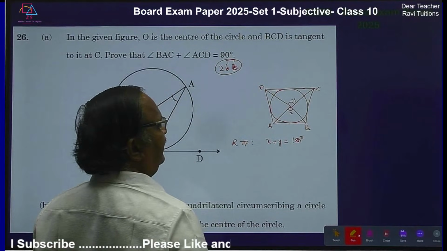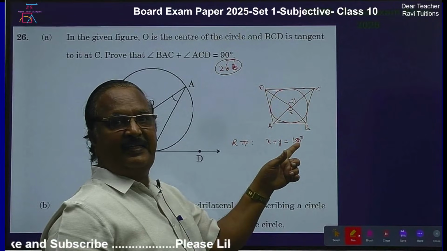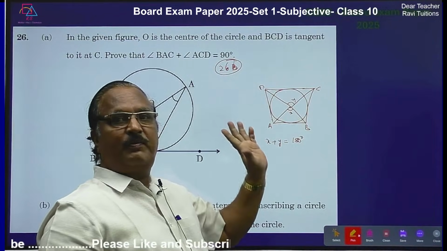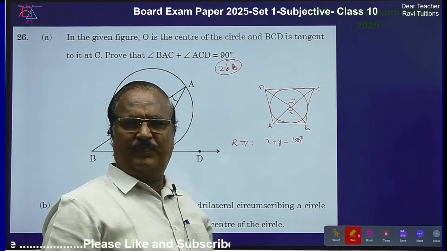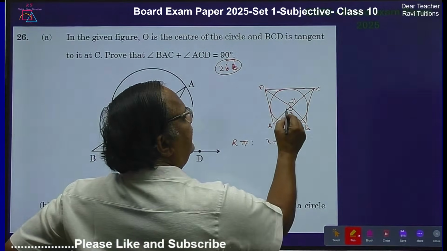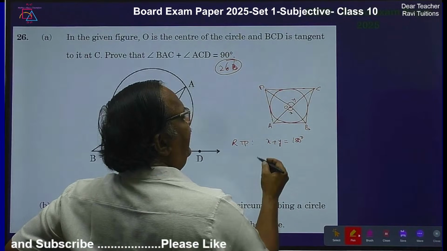Okay, so that means the opposite sides make angles which are supplementary, right? In simple terms, because of tangents, let us say OA bisects this angle.